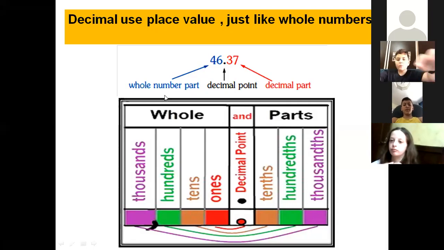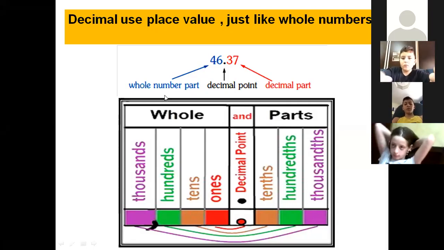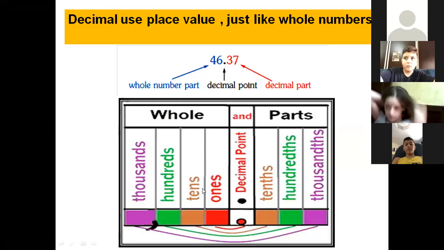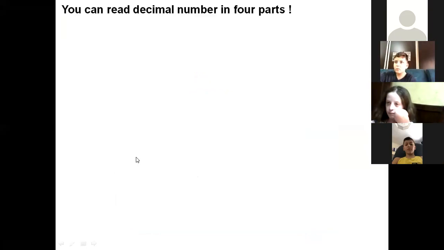And the whole number part is the normal number that we know, which starts with ones, tens, hundreds, thousands, 10,000s, 100,000s, and so on. Okay, so here we can read the decimal in 4 parts or 3 parts sometimes.